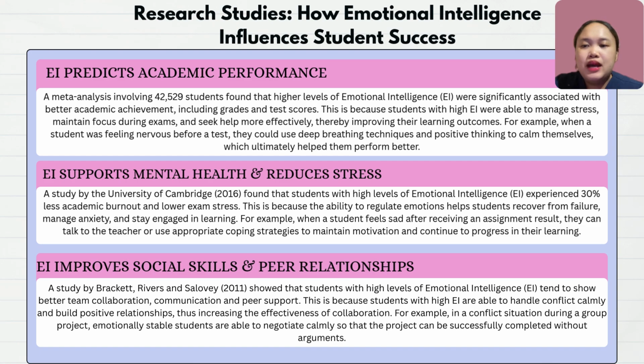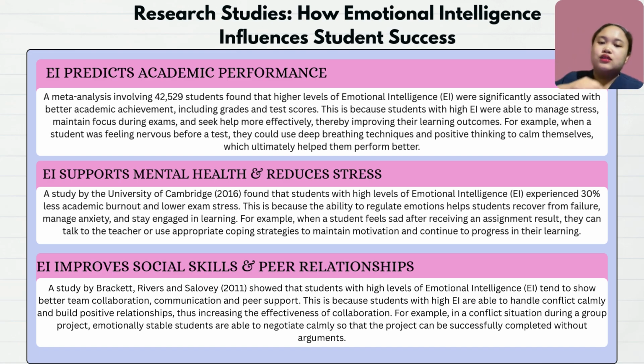Next, EI also supports student mental health and reduces stress. A study by the University of Cambridge in 2016 found that students with higher EI experience 30% less burnout and lower exam stress. Emotional regulation helps them recover from setbacks, manage anxiety, and stay engaged in their learning.